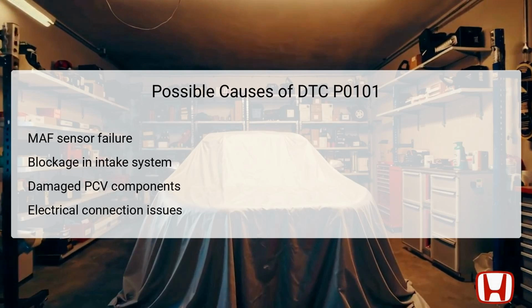Damaged components in the positive crankcase ventilation (PCV) system or failures in the PCV valve and hose can also lead to improper air measurement. Finally, issues with electrical connections, such as loose or corroded wires, can disrupt the signal between the MAF sensor and the PCM, necessitating a thorough inspection to ensure reliability.